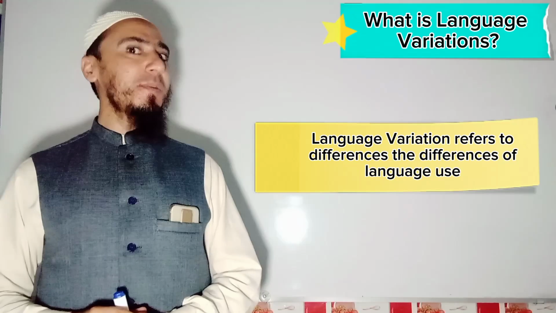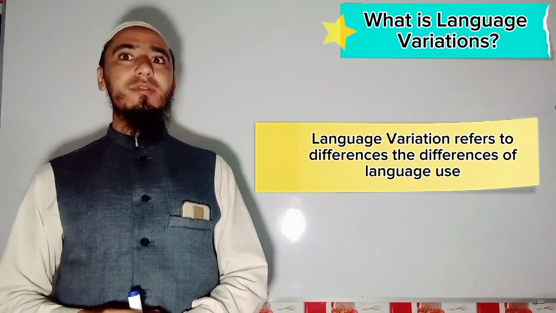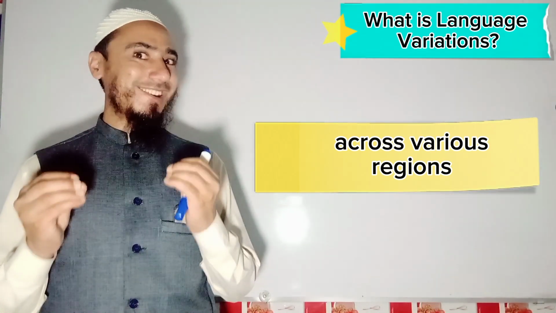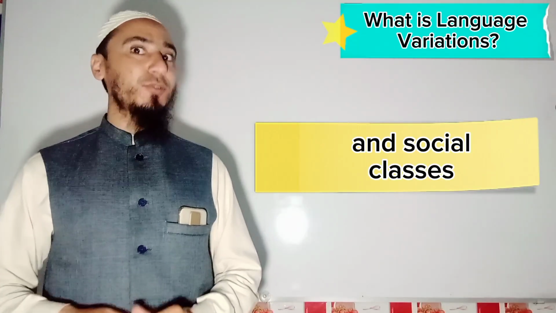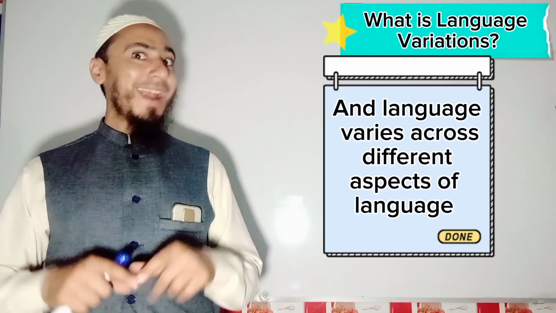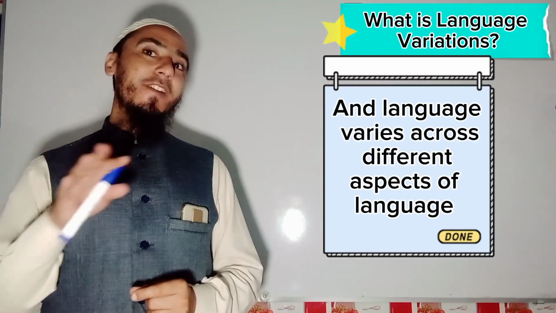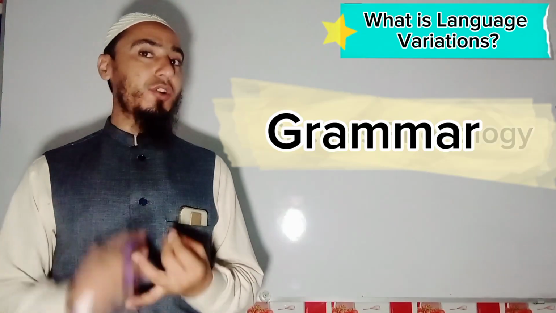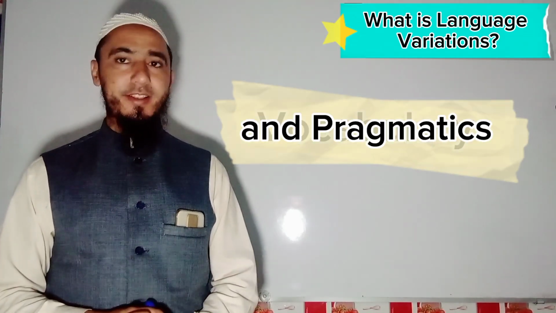Language variation refers to the differences of language use across various regions, ethnic groups, and social classes. And language varies across different aspects of language, such as phonology, grammar, words, vocabulary, and pragmatics.